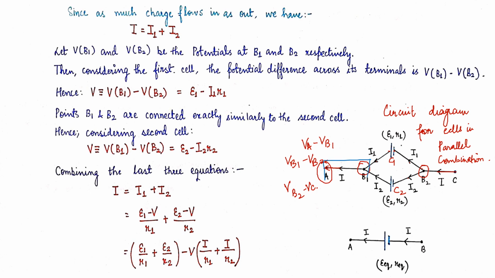One across this point, another across this point, and the third one across this point. Okay, so here since as much charge flows in as out, we have, at junction B1, wait a minute, I'll just rub this and make it clear.